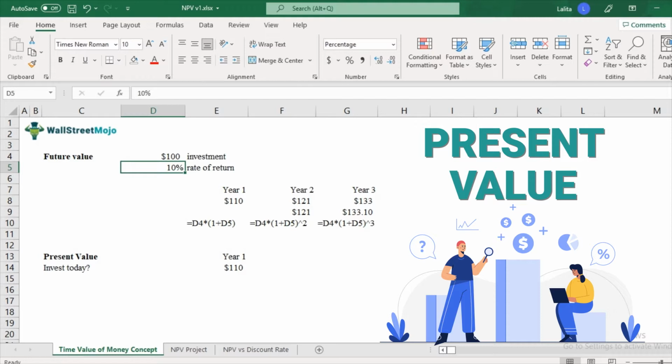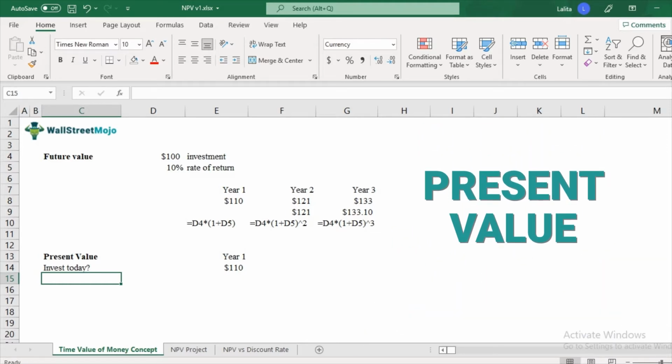All right, obviously if you look at the previous problem which we did on future value, you pretty much know the answer, that the answer was $100 as the initial investment, because it grew by 10% to give us 110, right? But how do we express this in the form of formula is the question right now. So let's do that.